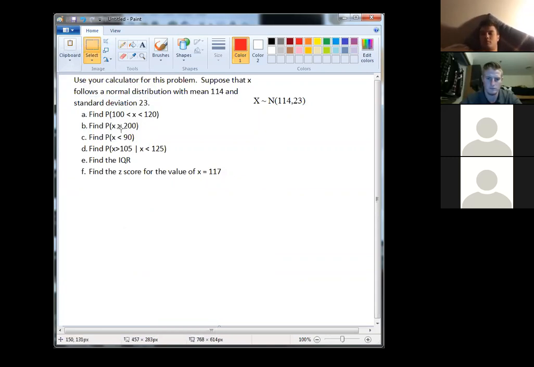All right, let's look at, how about C? Probability that X is less than 90. So again, same thing. Draw my picture. Like so. The center is going to be 114.